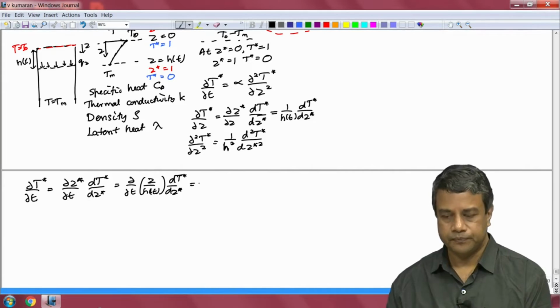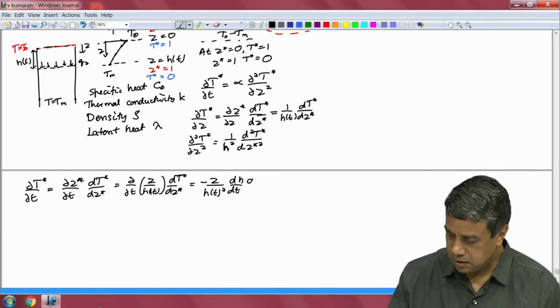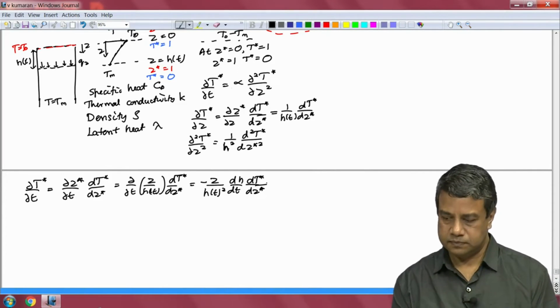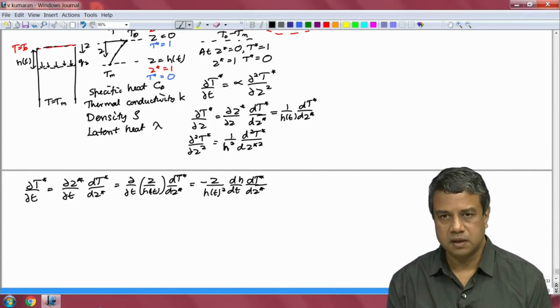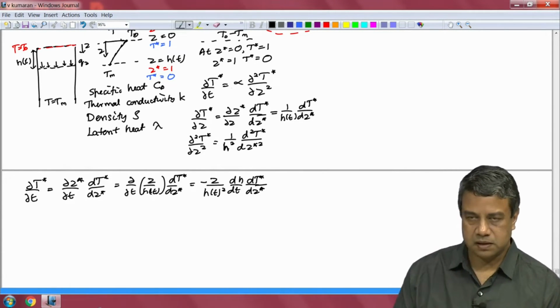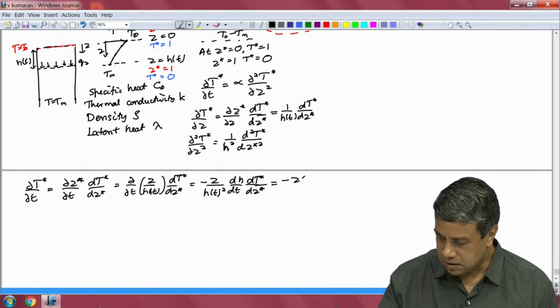This is equal to minus z by h of t the whole square dh by dt dT by dz. Using chain rule for differentiation, derivative of 1 over h is minus 1 over h square times dh by dt. And since z by h is z star, I can write this as minus z star by h dh by dt, d of temperature with respect to z star.